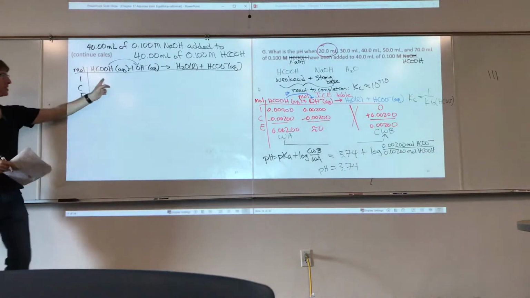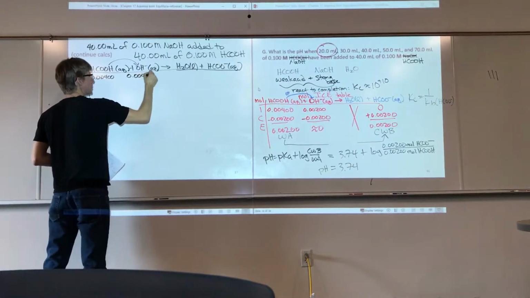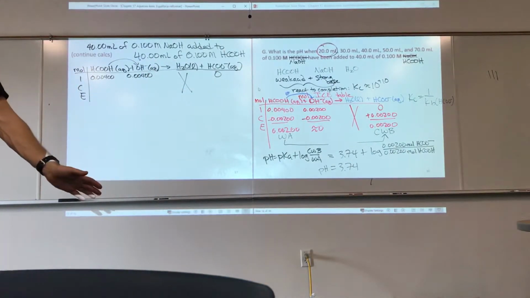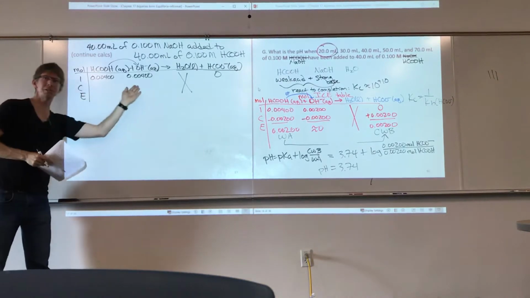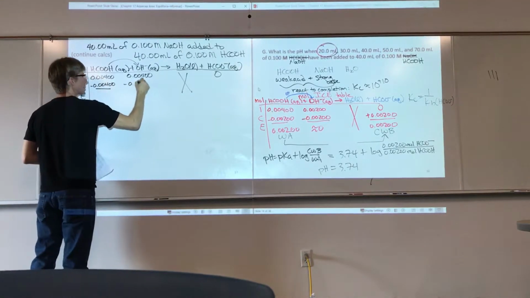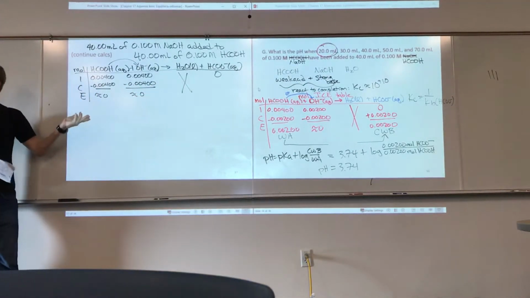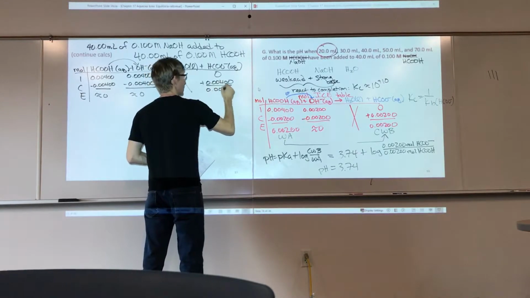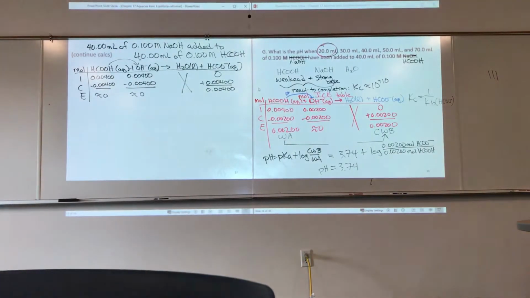Set up our ice table. Now, these two numbers will be the same. And we went back to the beginning, so there's no formate ion. Both of these are a limiting reactant. We have approximately 0 of each of them. Now, that is the completed ice table.